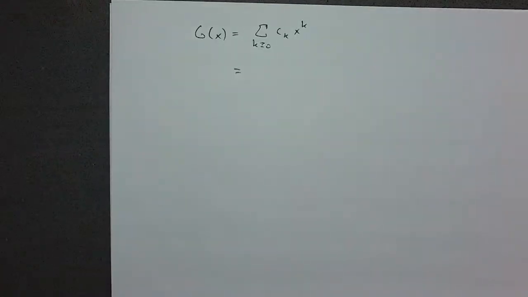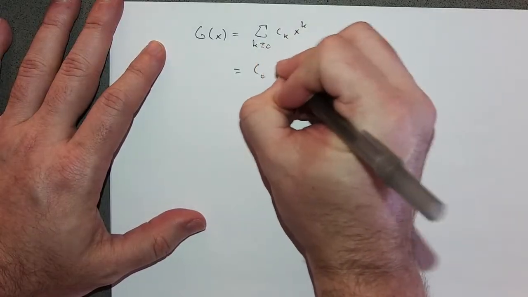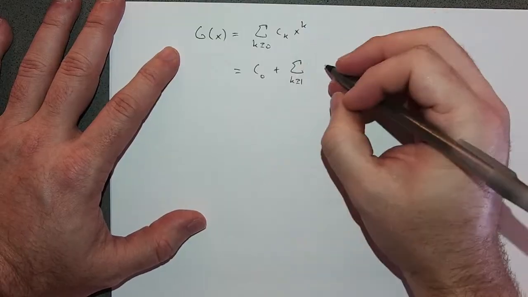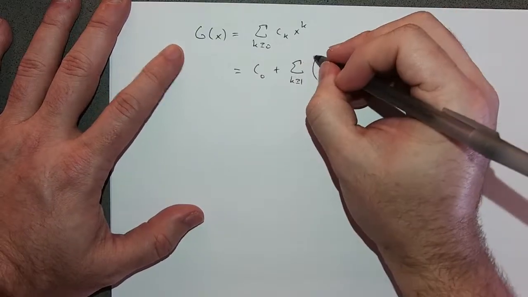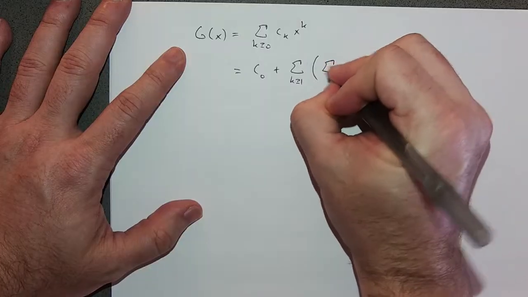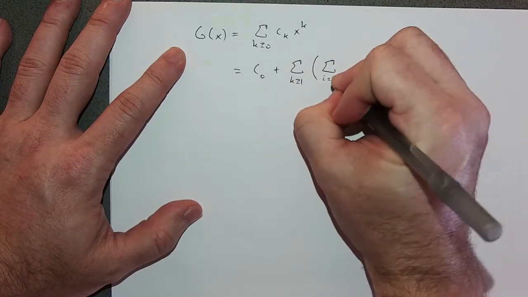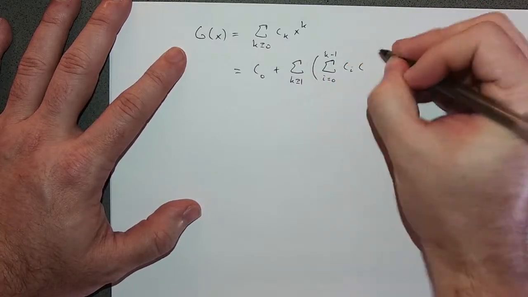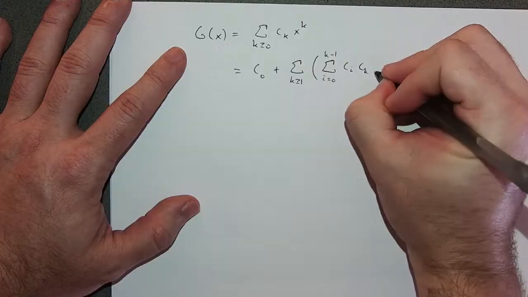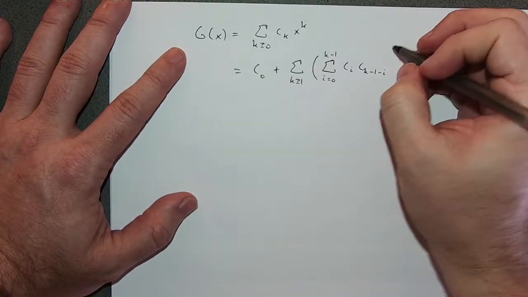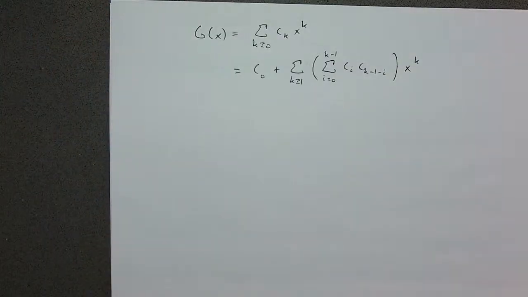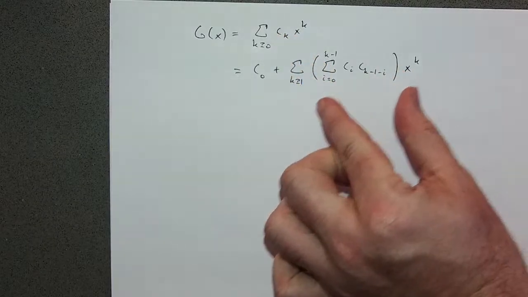I need to peel off the first term here, so this would be c naught plus the sum k greater than or equal to 1 of the sum from i equals 0 to k minus 1 of c sub i, c sub k minus 1 minus i, times x to the k. I've just directly imported that expression for the c sub k's here. Okay, that's all I did.